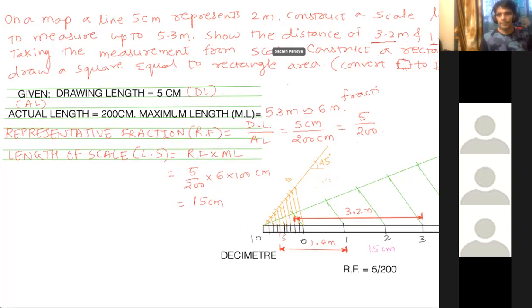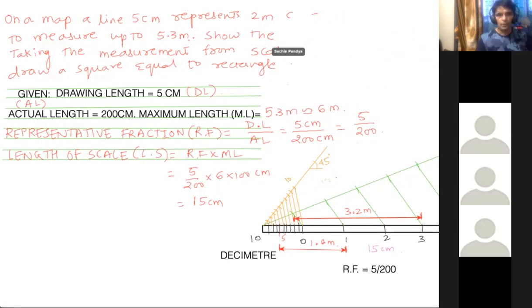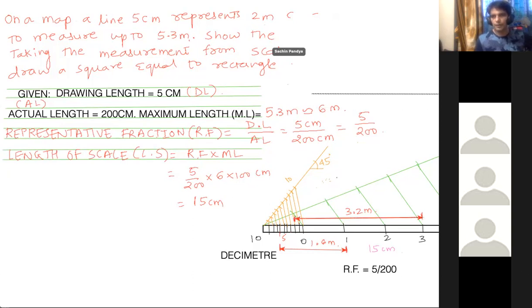Then what I have to do? I have to draw a rectangle out of this. So I will take an eraser and erase all this because I don't have place. I have to convert a rectangle into a square. So first I'll draw a rectangle. Yeah, this much is fine. I will take line equal to this 3.2, and I will draw 3.2 over here.